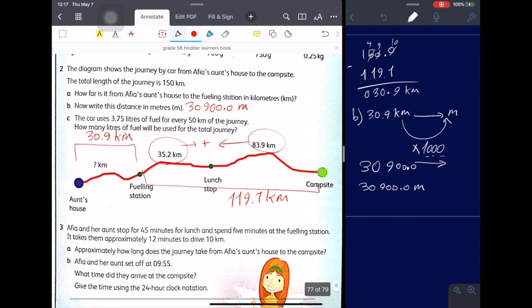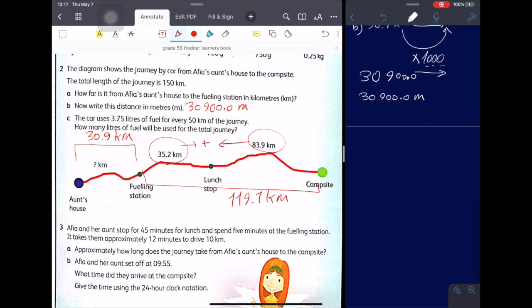C. Now the car uses 3.75 liters of fuel for every 50 kilometers. How many liters of fuel will be used for the total journey? Okay. So we say that the total journey was 150 kilometers. And for each 50 kilometers, we use 3.75 liters of fuel.